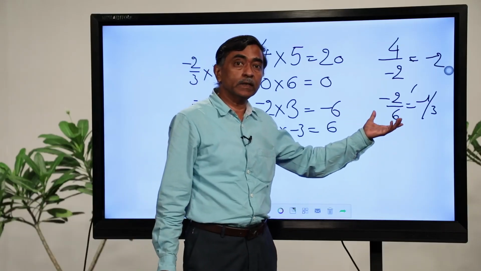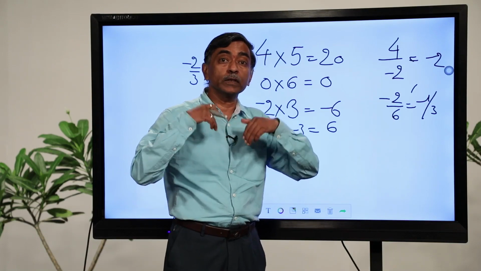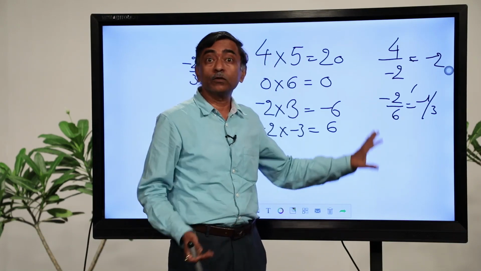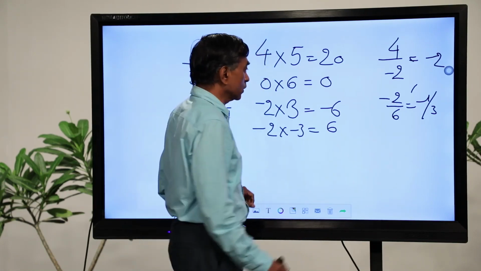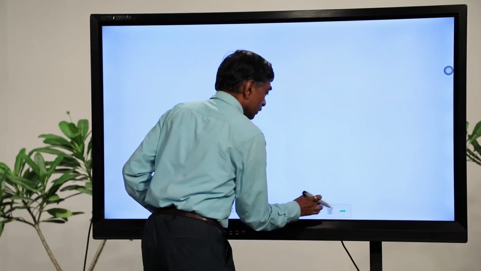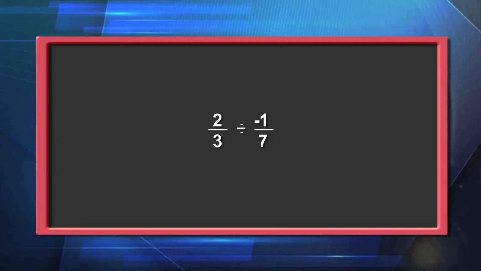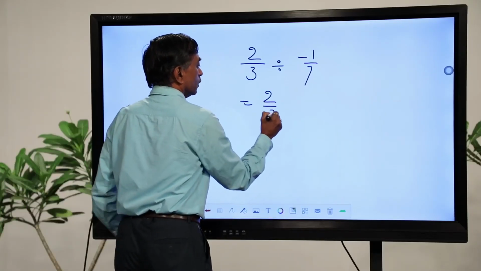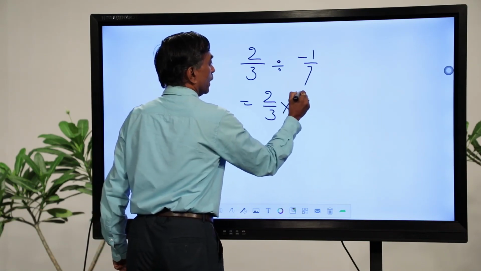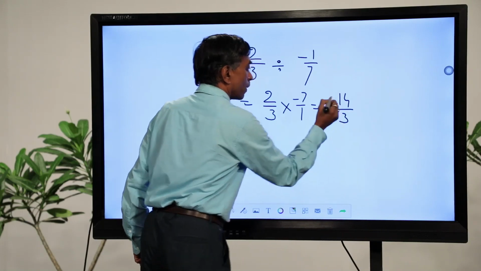Under the operation of division, the integers are not closed, we will say, because you are getting a number which is thrown out of the box. So, it is not at all closed. But if I take two rational numbers, for example 2 by 3 divided by minus 1 by 7, I can say that this is nothing but 2 by 3 multiplied by minus 7 by 1, and that is minus 14 by 3.